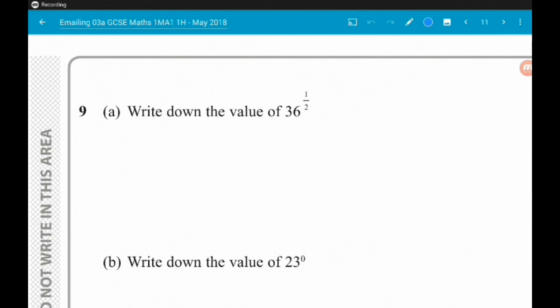9a wants us to write down the value of 36 to the power of 1/2. So that means the square root of 36. Technically when you square root a number, you get a positive and a negative answer. However, when we're dealing with indices like this, we really only seem to worry about the positive answer. So it would just be 6.